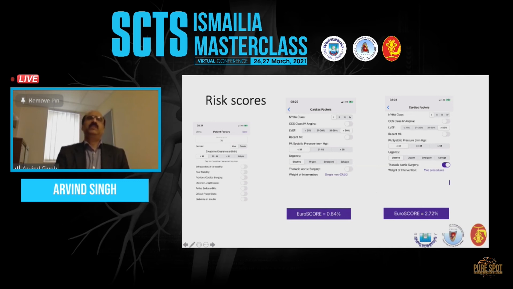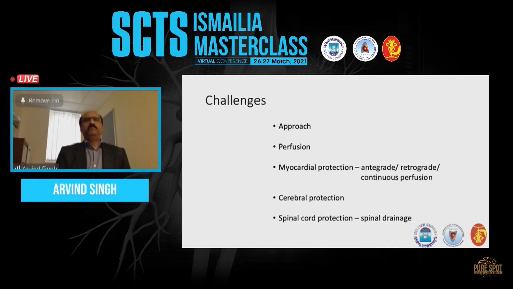Nevertheless, what I mean to demonstrate here is that when you operate on the thoracic aorta, the risk does go up quite significantly, and therefore the challenges of operating on the aorta must be acknowledged, and there has to be extensive planning, especially if you are operating on anything beyond the ascending aorta.